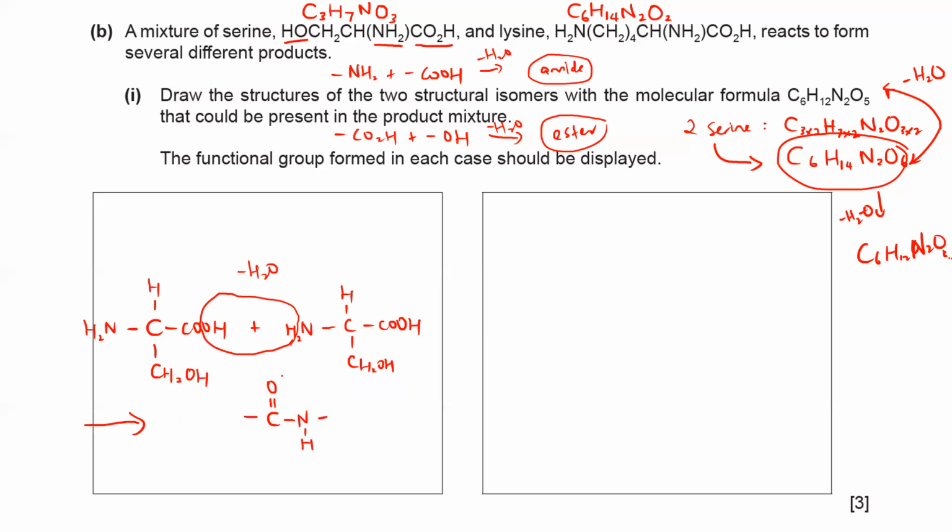Now I'm drawing it this way because they say the functional group formed in each case should be displayed. You can have a structural formula on both sides, but the functional group should be displayed. Right, the rest of the parts we just copy because they don't undergo any reaction.